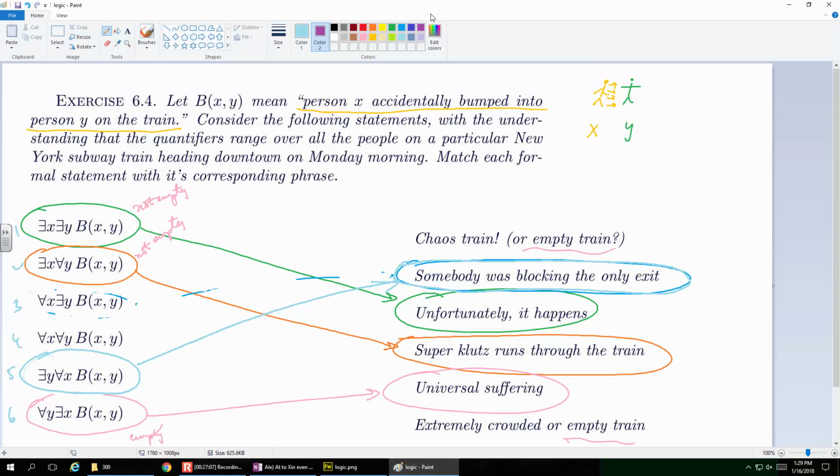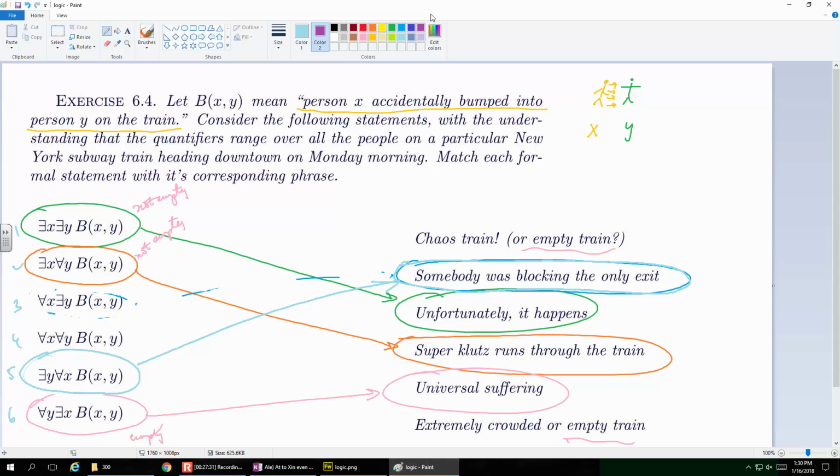To me, 3 almost sounds like it could be "unfortunately it happens," because saying like for any perpetrator there is a victim. So, like, no, for any perpetrator, there is a victim. Yeah. Same. Well, would it be the other way around then? For every, well, no, never mind. So unfortunately, it happens, but it's not saying it exists for sure.